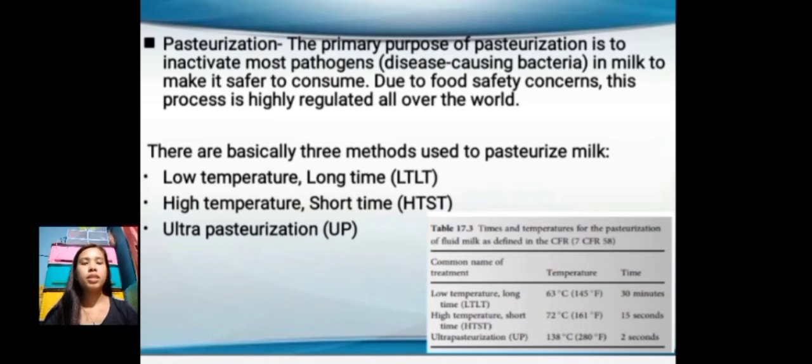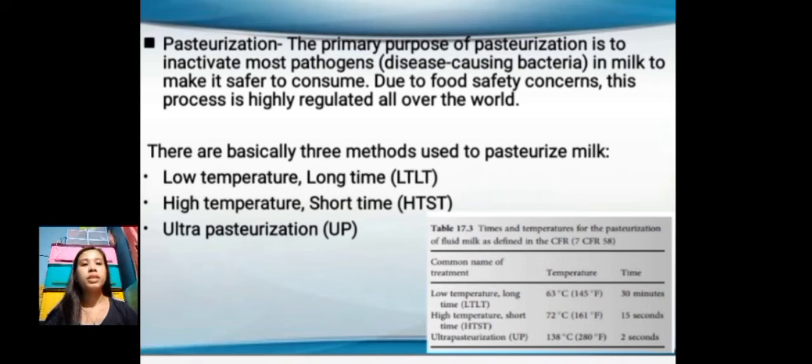The last processing of fluid milk is pasteurization. The primary purpose of pasteurization is to inactivate most pathogens, disease-causing bacteria in milk, to make it safer to consume. Due to food safety concerns, this process is highly regulated all over the world.